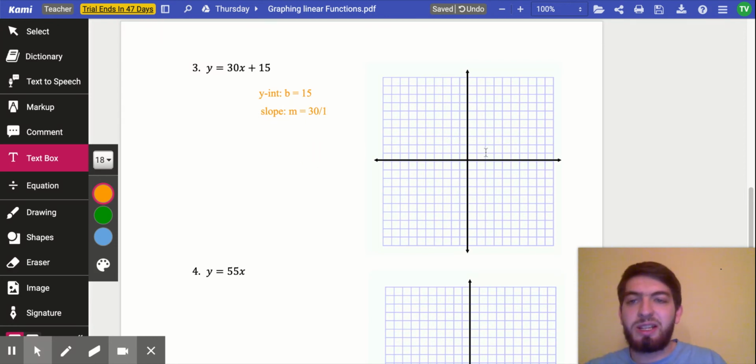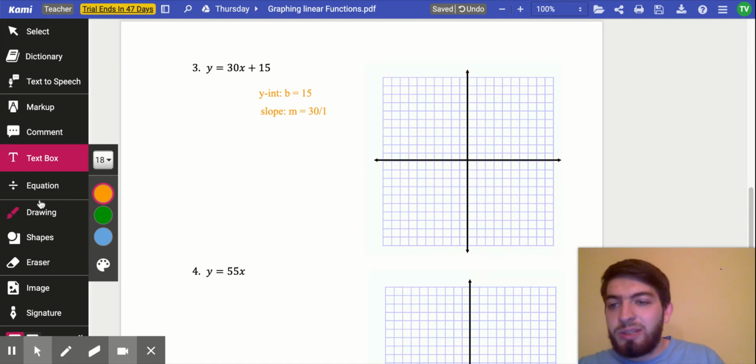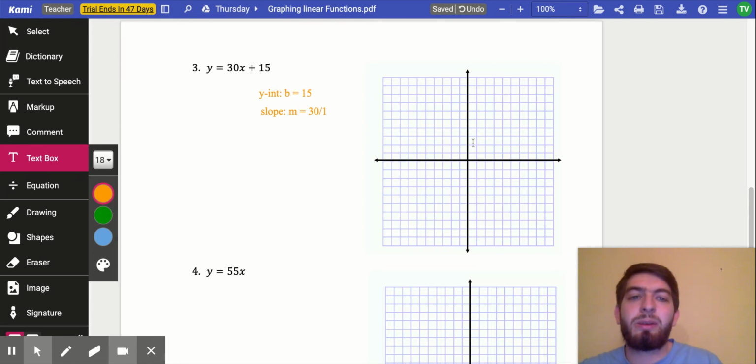And the problem with that here is that if we count by 1, of course, this is way off the graph. 15 is up here, and then going up 30/1 brings us way even off the page. So what that means we're going to have to do is scale our axes accordingly. So if we want to be able to fit 15 and then go up 30 from there, we need to figure out how can I get at least like 45 or maybe even higher than that, 75 or 105 on this graph.